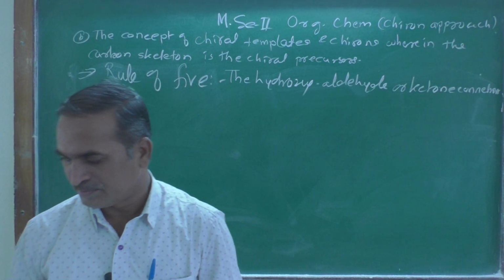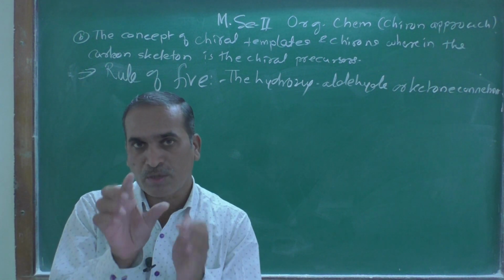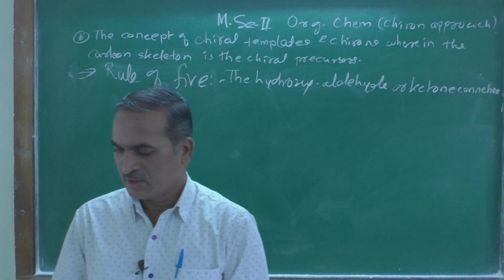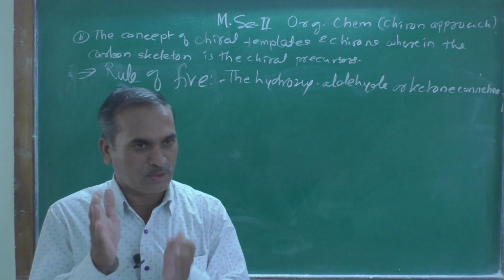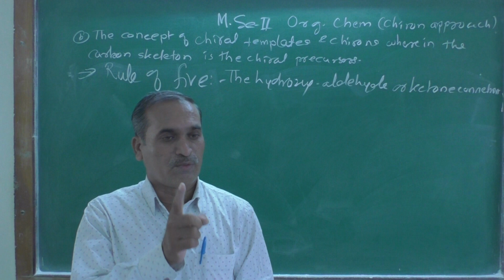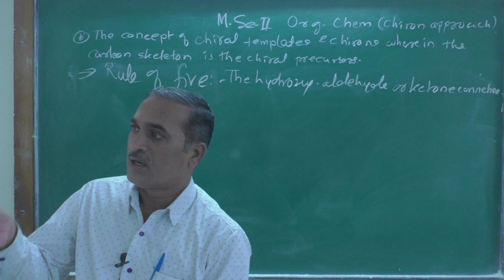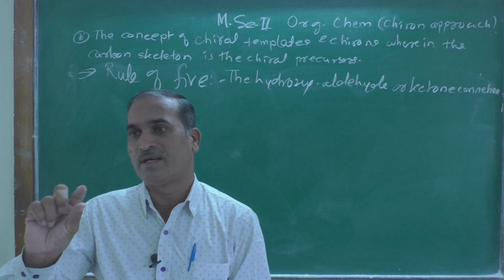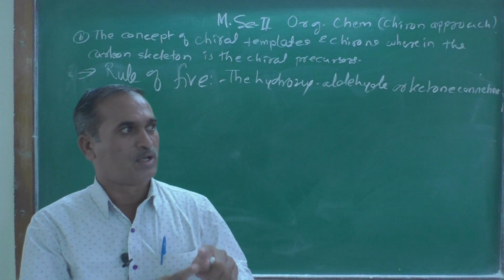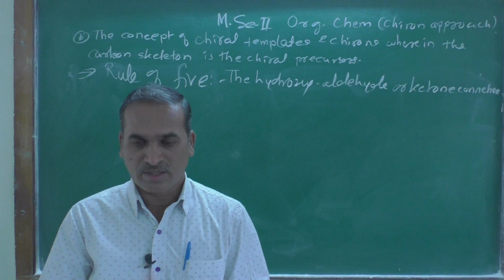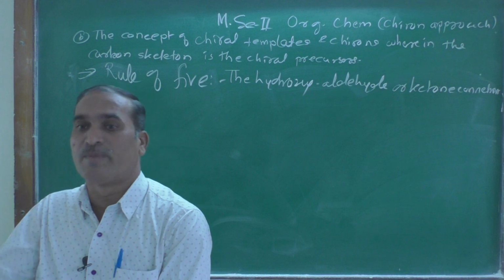It concerns the position of the ring oxygen and the anomeric carbon. Do you know what anomeric carbon means? It is carbon number 1, which has a different configuration than the other one. For example, glucose and mannose differ from each other, and that carbon number 1 is called the anomeric carbon.